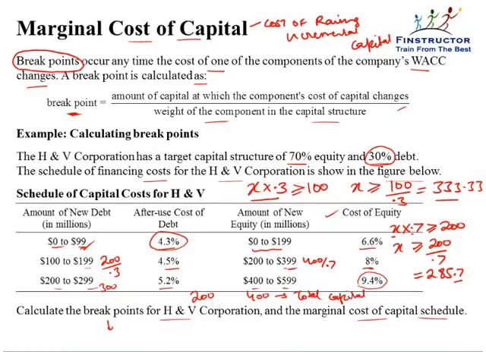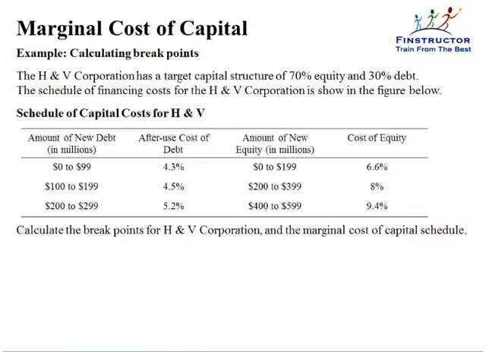So in the case of $200 million, what will be the equity? Now let's do it on a fresh slide. So if I have $200 million, my debt will be 30% of it, that is $60 million, and equity will be $140 million. At $60 million, what is the cost of debt? 4.3.